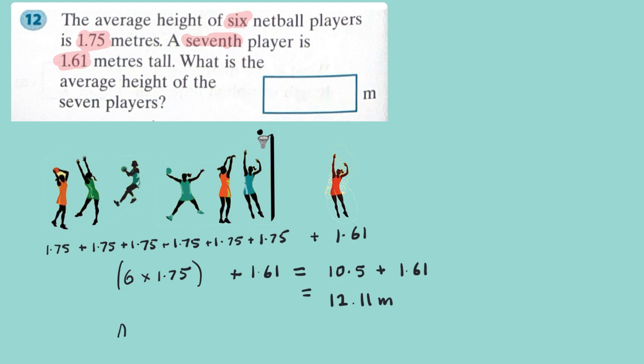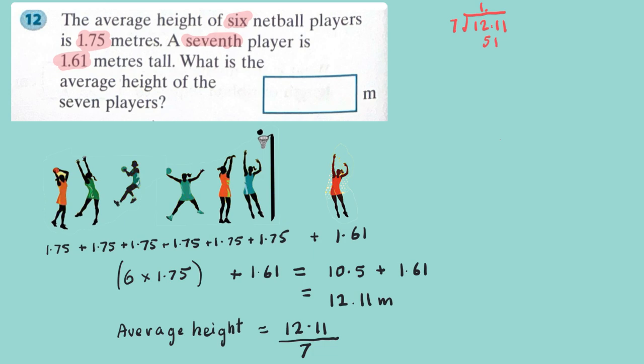So average height is 12.11 over 7. Now if you don't have a calculator, you need to do it in long division. So let's do that. We're going to divide 12.11 by 7. 7 into 12 goes once, and because there's a point here, we need to put the point there, and 5 over.